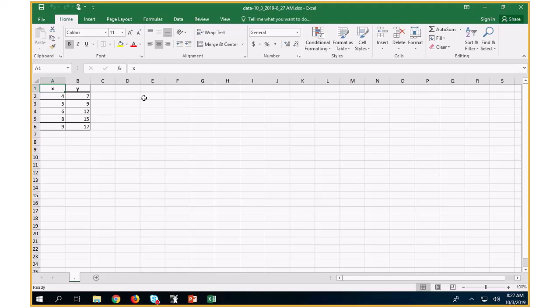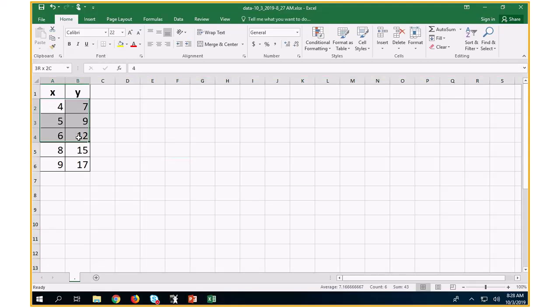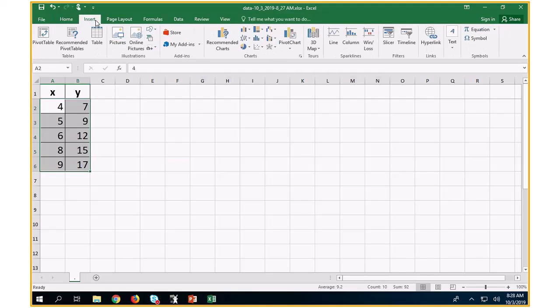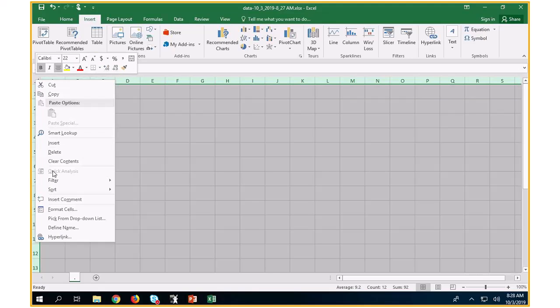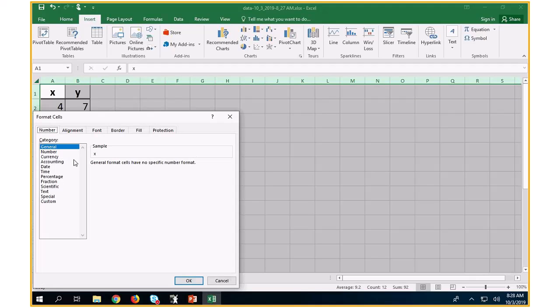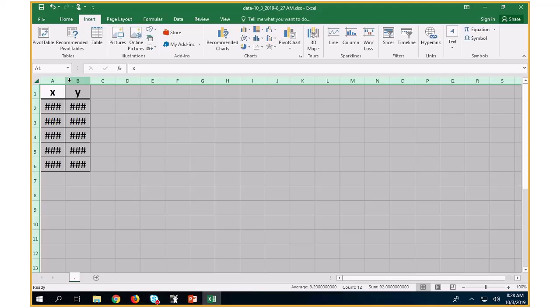All right, so what I want on the test, I want you to make this big so y'all can see it. And highlight it. Insert. First of all, let's change the sig figs. Just right click on all cells, click the upper left hand corner, right click and go to format cells, and we're going to make it 10 digits just for giggles, so that way you can make sure you're covered.